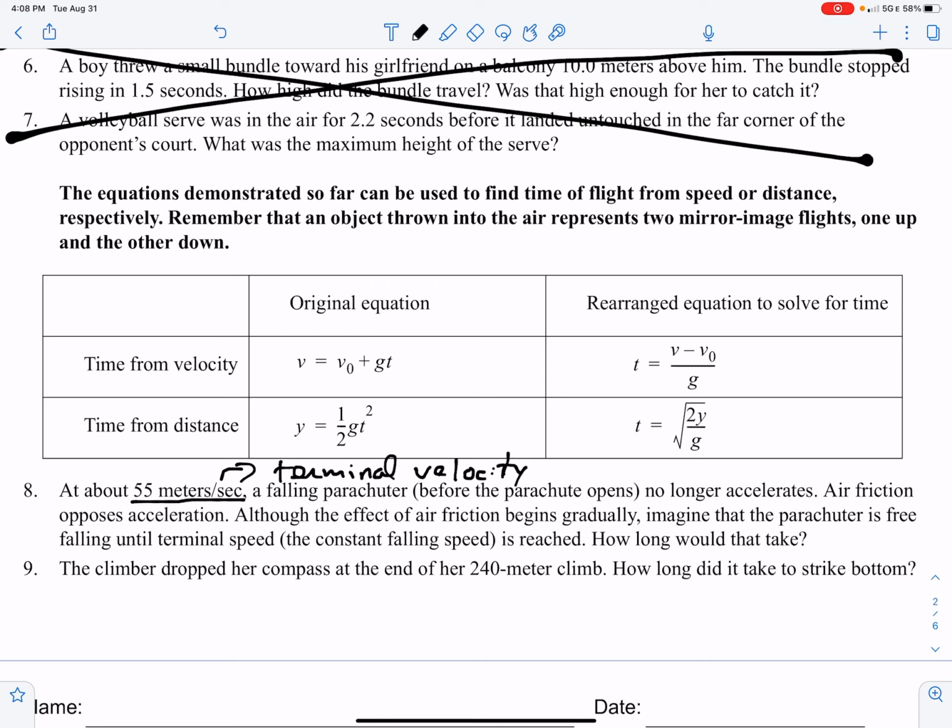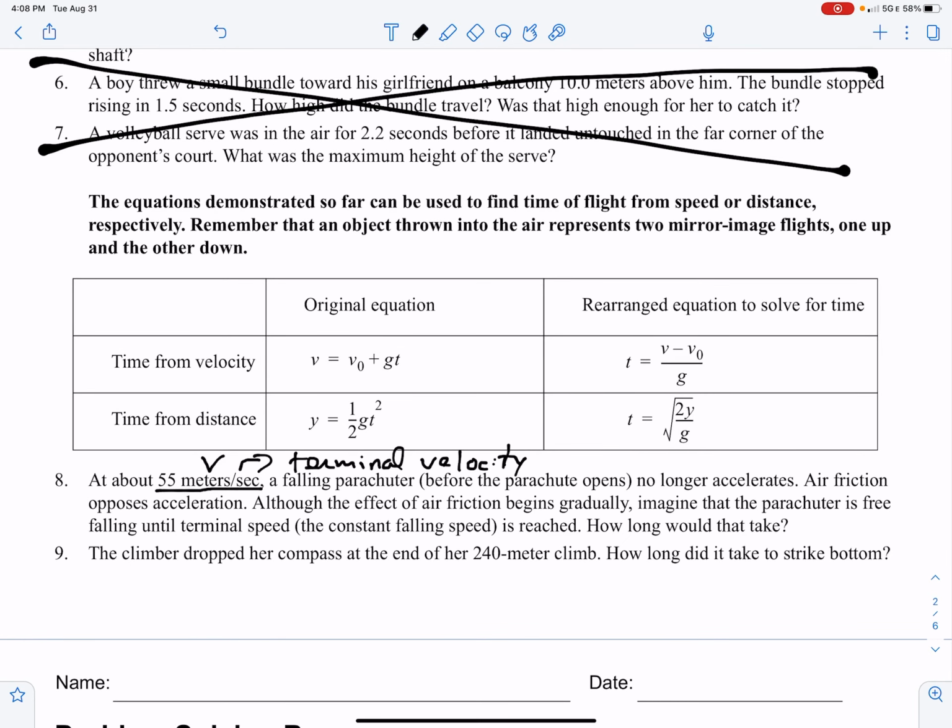Once the parachute opens, the person will essentially change to a different terminal velocity because a parachute has a much greater surface area and interacts with the air resistance at a much greater level. So that's the terminal velocity. Terminal means end, so that would actually be final velocity v.